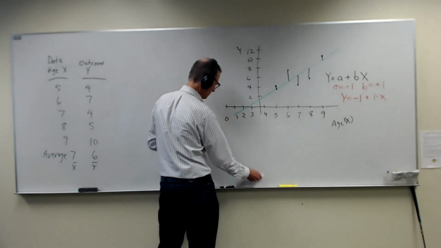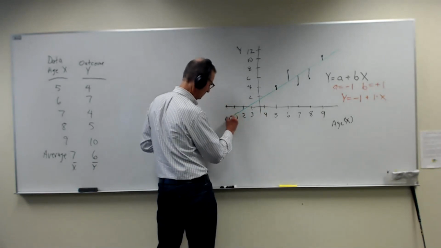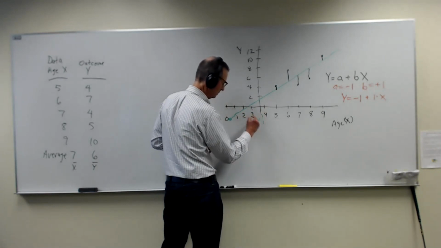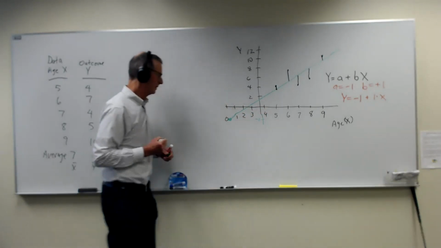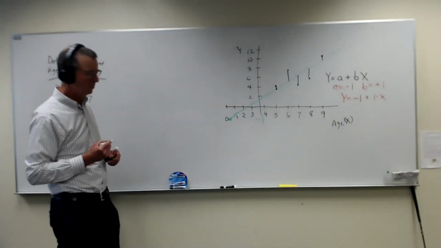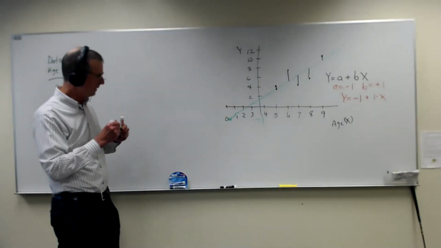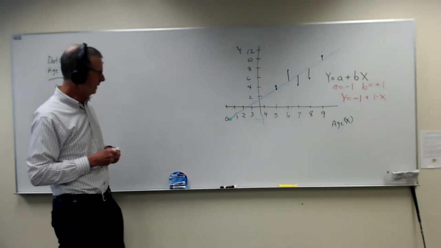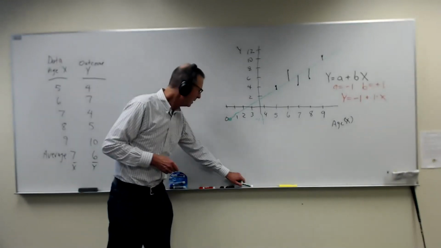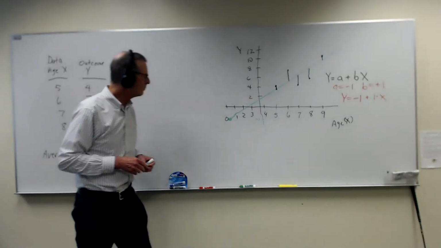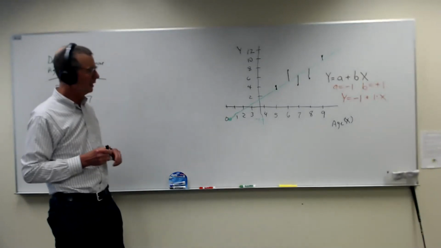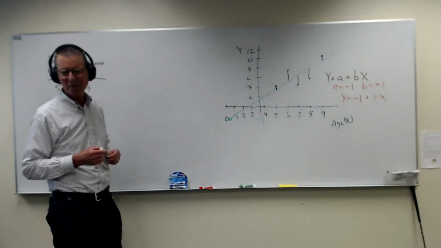So we're down here, and this point is -1. Didn't quite get it right, but you see what the idea is here. So what meaning is there to a -1 score at age 0 in this sample?